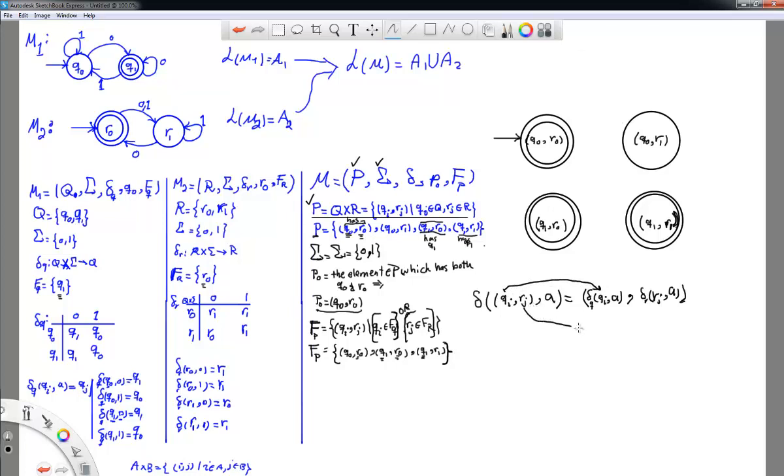For the second part of the pairs, you use the R transition functions to calculate. And this way, you get a pair of states.